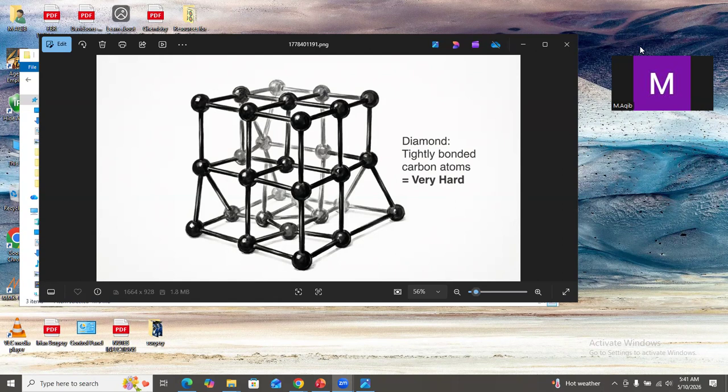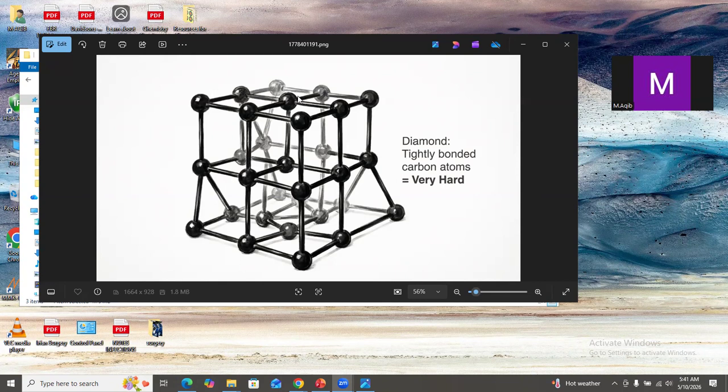So I'm just showing you how the diamond, that is a form of carbon, basically an allotropic form of carbon. And in the diamond, here is how the atoms are arranged.